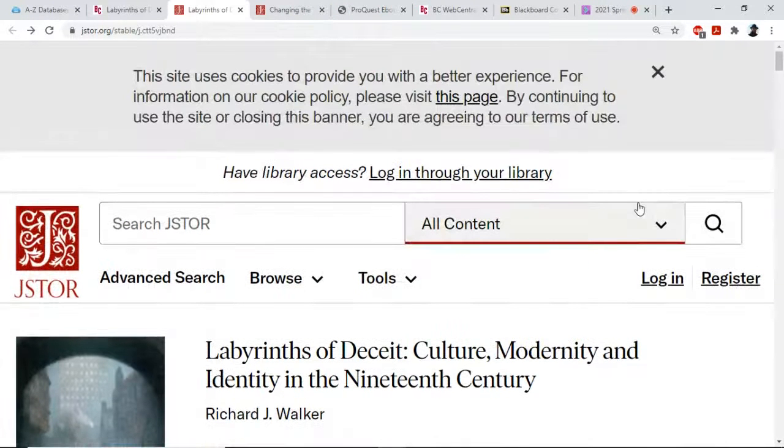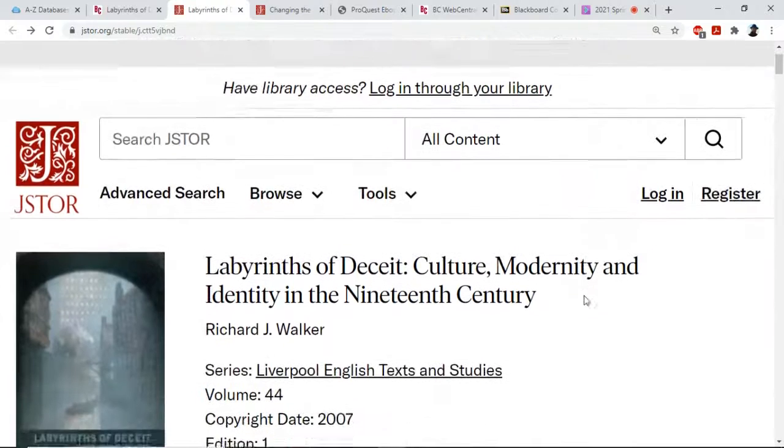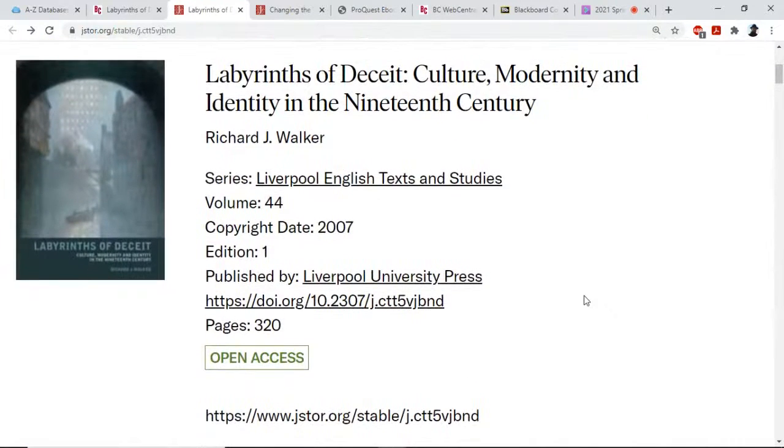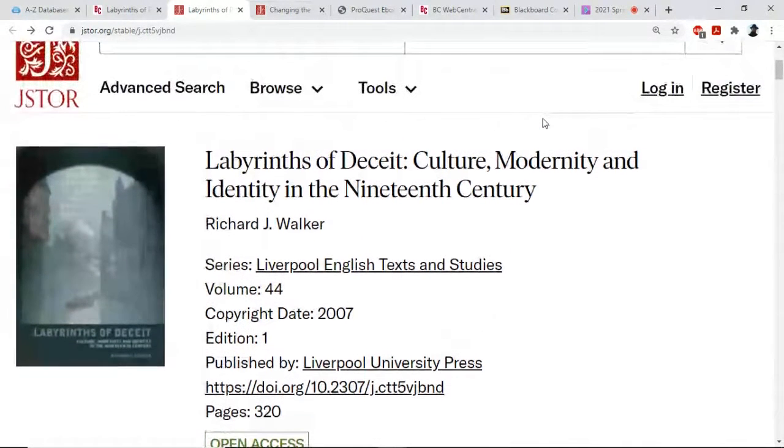All right, so let's say you want to cast a wider net and not restrict yourself merely to books with Christina Rossetti in the title, or the first books that come up when you put Christina Rossetti into the search engine. So one of the ways to do that is to think about the context, right? We know that she's a Victorian poet.